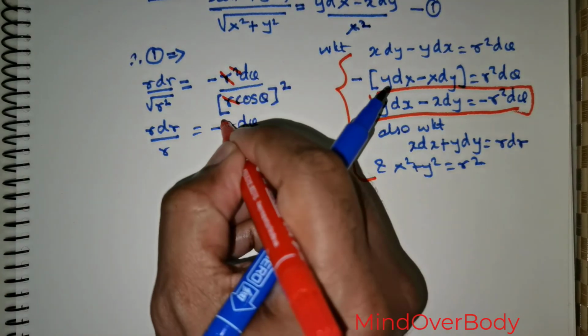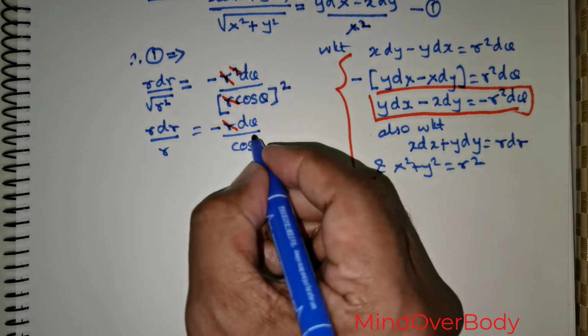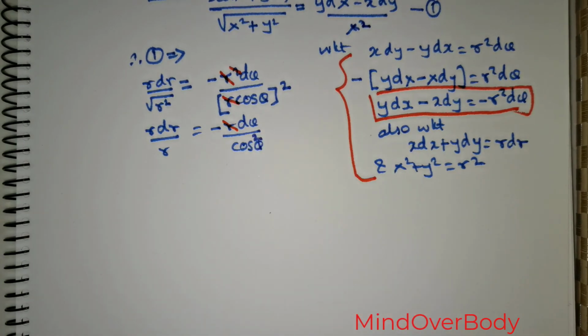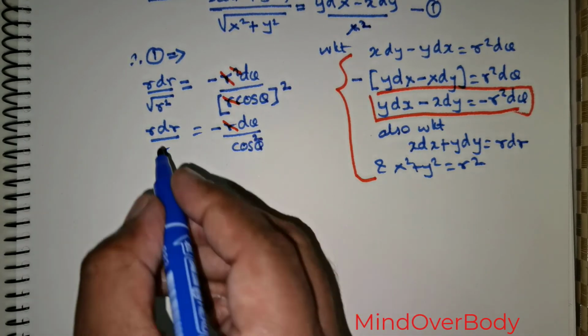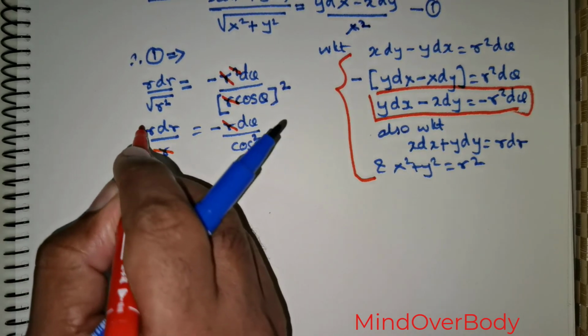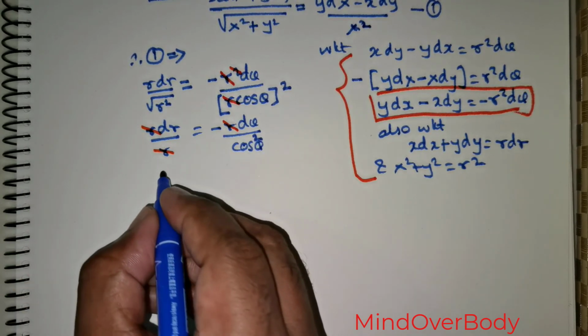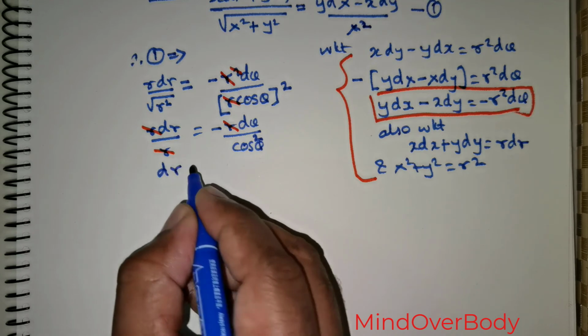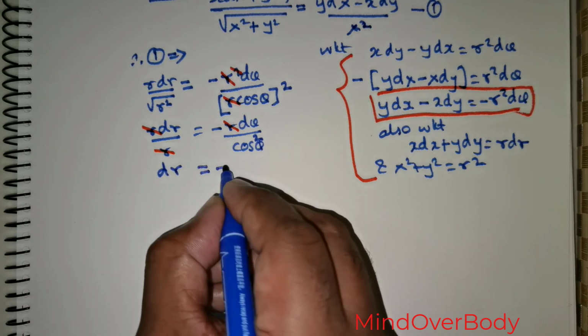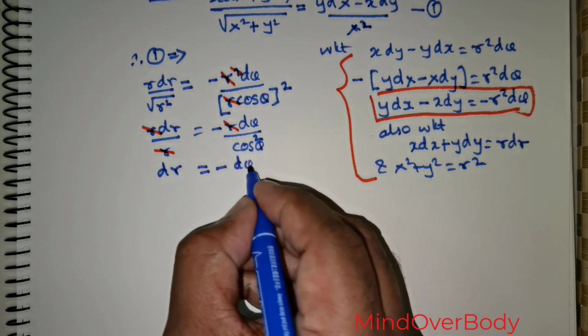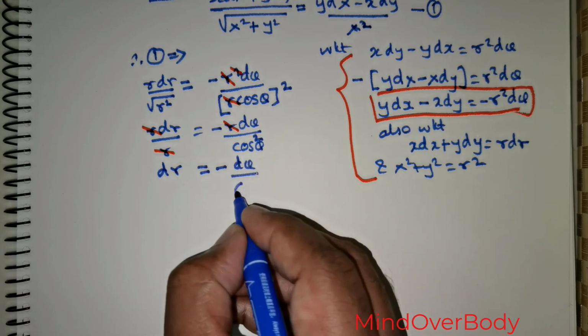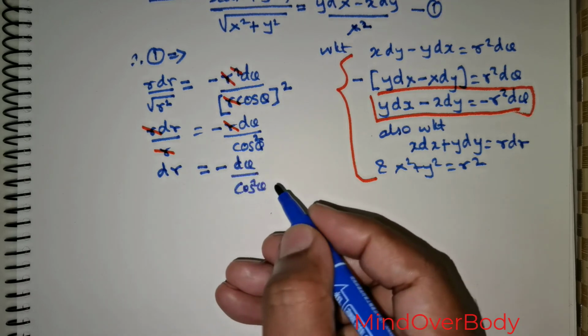So that one will get cancelled off and then leaving me 2 there. So I can also cancel the r terms that are present here, giving me dr is equal to negative d theta divided by cos square theta.